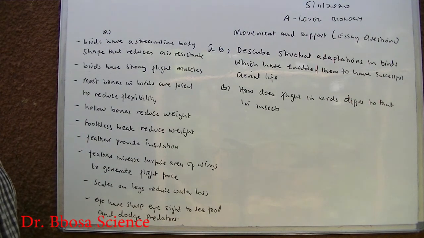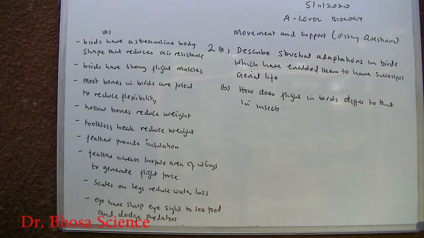Most bones in the birds are fused to reduce flexibility. 4. Hollow bones reduce weight. 5. A toothless beak reduces weight.